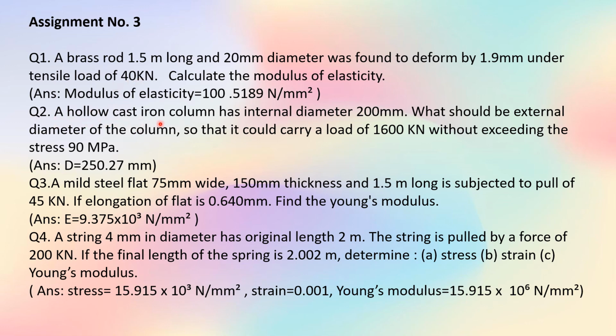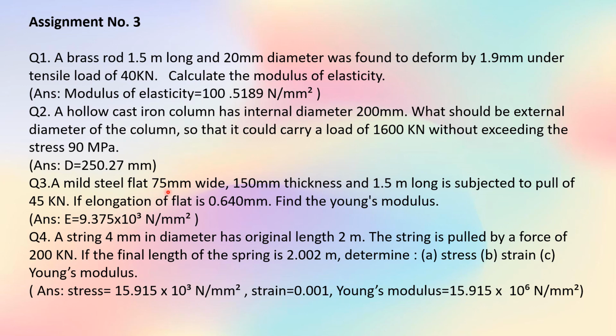Question number 2. A hollow cast iron column has internal diameter 200 mm. What should be the external diameter of the column so that it could carry a load of 1600 kN without exceeding the stress 90 megapascal? The answer is D equal to 250.27 mm. Question number 3.